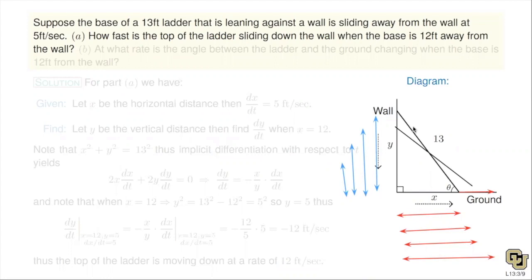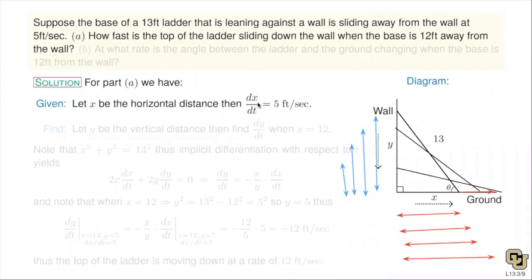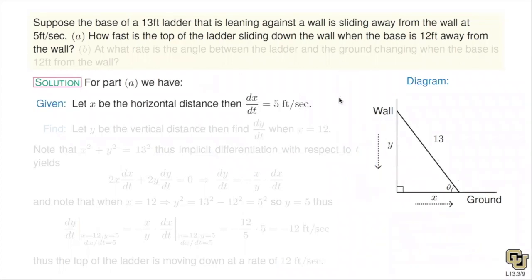Y is decreasing, x is increasing. In fact, the information that the base of the ladder slides away from the wall at 5 feet per second is exactly the information about dx/dt. So we know dx/dt is 5 feet per second.